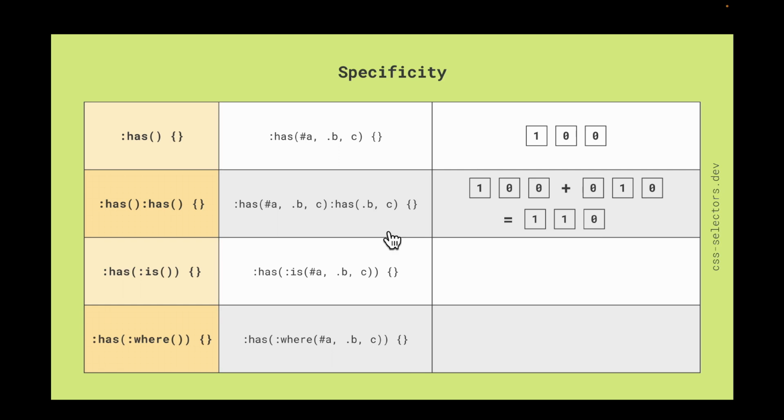Cool. Now, with the is pseudo-class, the specificity will still follow the most specific selector, which is the ID, so it will be 1, 0, 0. But changing the is pseudo-class to the where pseudo-class will lower the specificity to 0, 0, 0. Great! I hope this table gives you a good understanding of how the specificity works in different scenarios. Alright, let's head over to CodePen and practice writing the has pseudo-class.